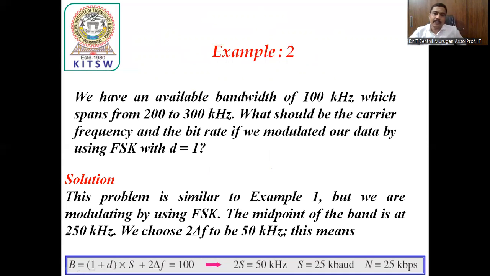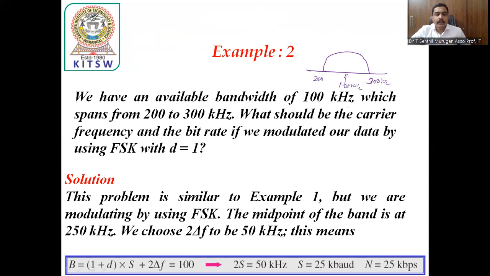See this example. In this example, we have an available bandwidth of 100 kilohertz, the same example, which spans from 200 to 300. This is the frequency axis we are representing. The minimum value is 200 kilohertz, the maximum is 300 kilohertz, so the bandwidth is 300 minus 200, 100 kilohertz.